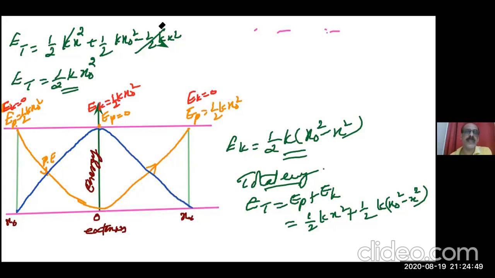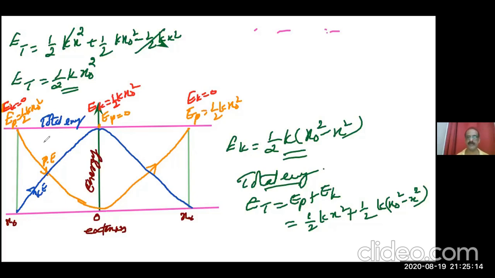Here we have marked kinetic energy 0, here kinetic energy maximum. This violet line on the top represents total energy. Total energy is the sum of kinetic energy plus potential energy.